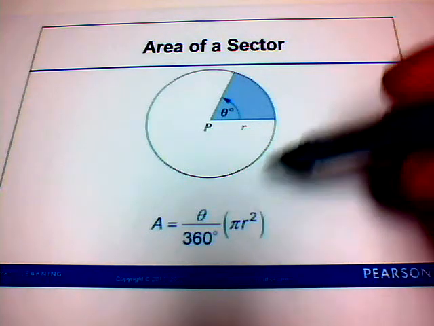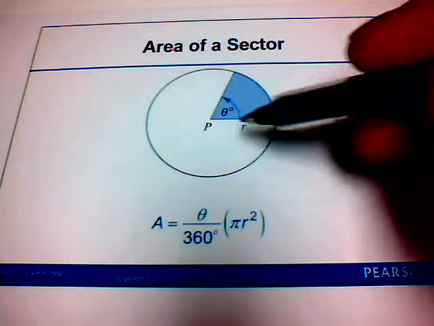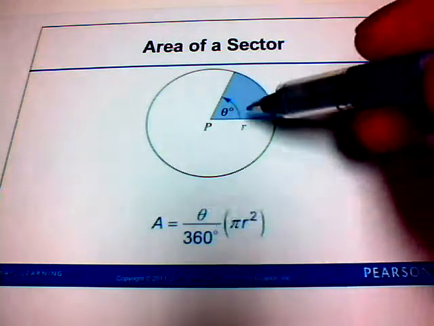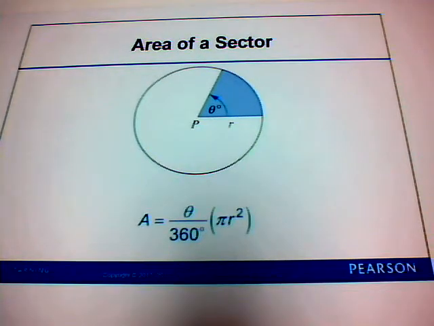That's the pi r squared, the area of the entire circle. But here we're taking a piece of that, so that piece is going to be theta, the angle measure, divided by 360 degrees.